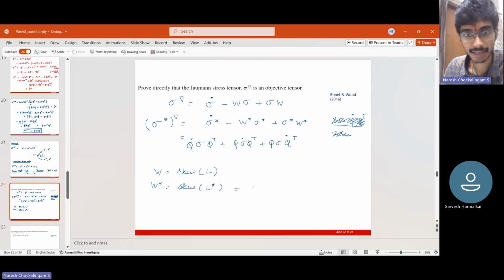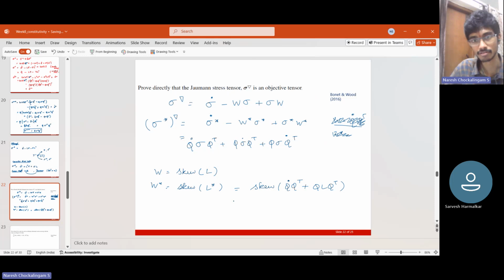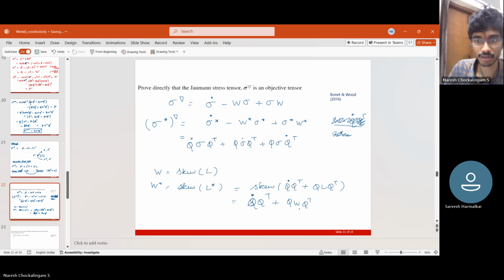But what is L star? L star is Q dot Q transpose plus QL Q transpose. The skew symmetric part of a skew symmetric tensor is the entire tensor, so W star is Q dot Q transpose plus QW Q transpose. Okay, so this is the relationship.